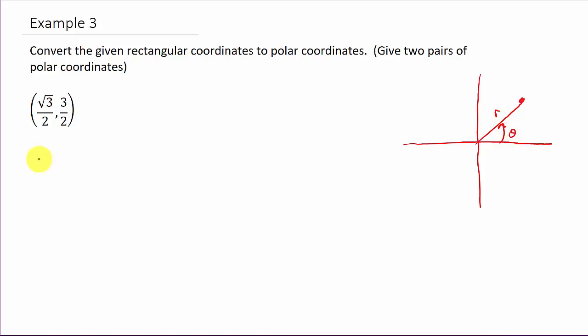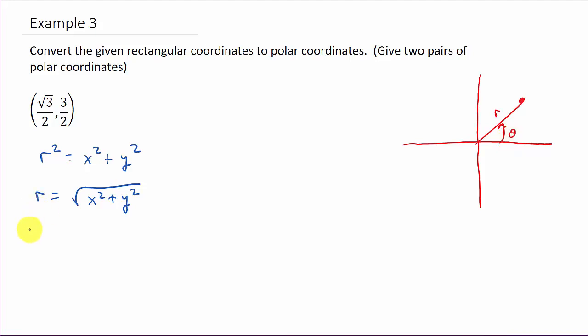Alright, so we know that r squared is equal to x squared plus y squared. So we know r is the square root of x squared plus y squared. Now I'm going to find positive r. With the polar coordinates, you could make r negative, but I just like to do it positive. I'll show you an answer with it negative.